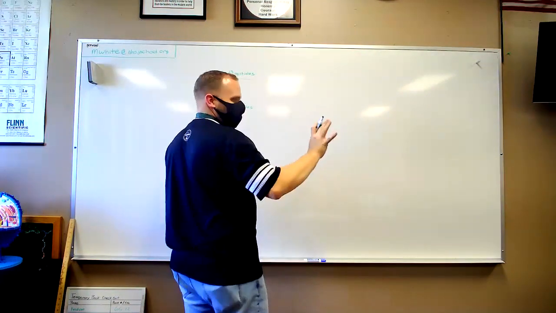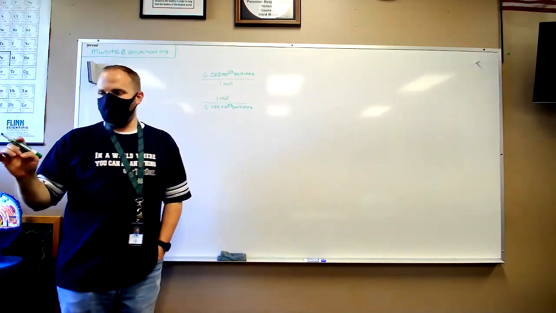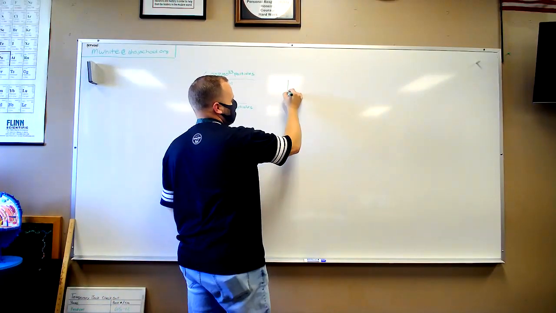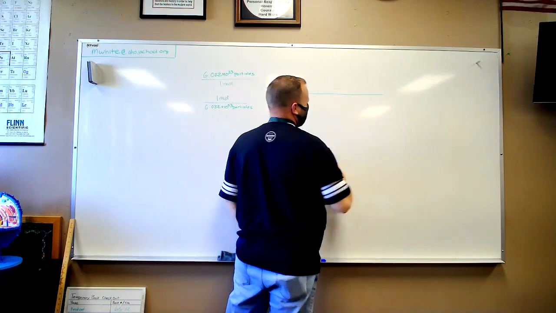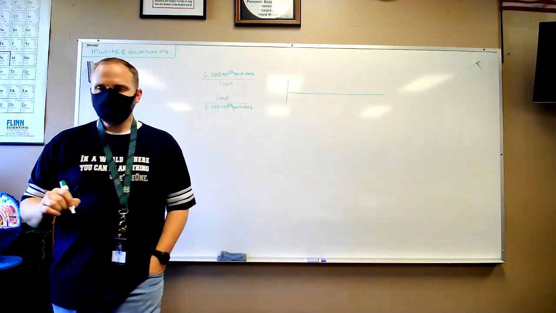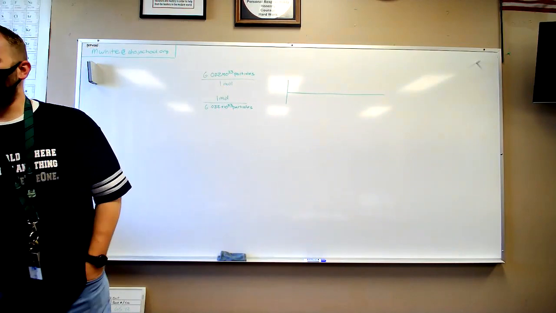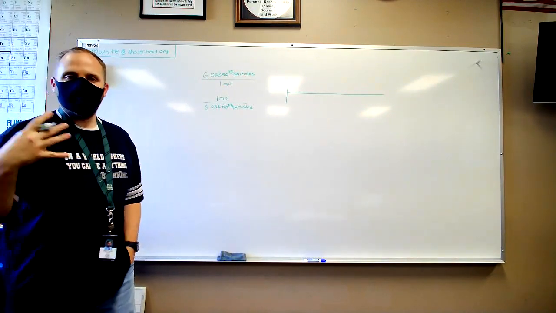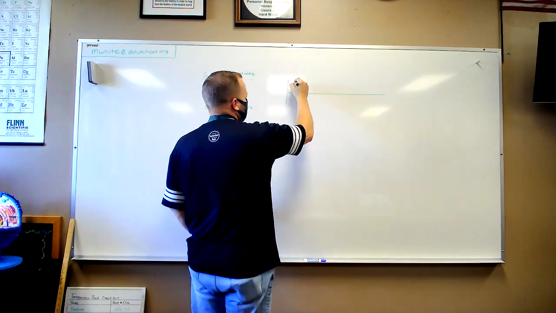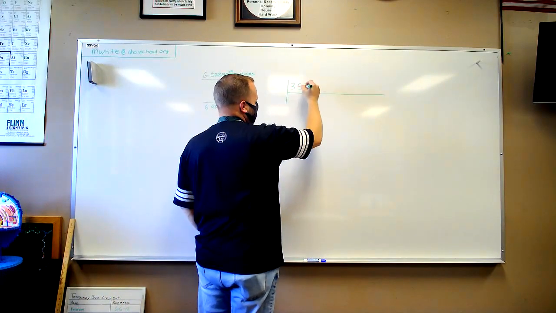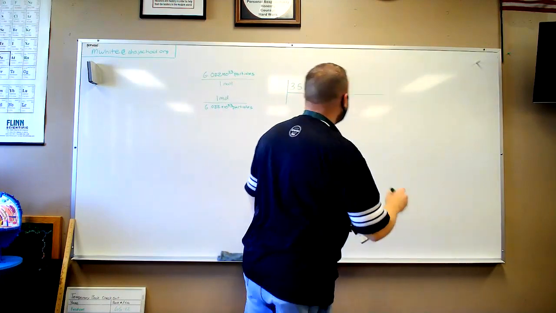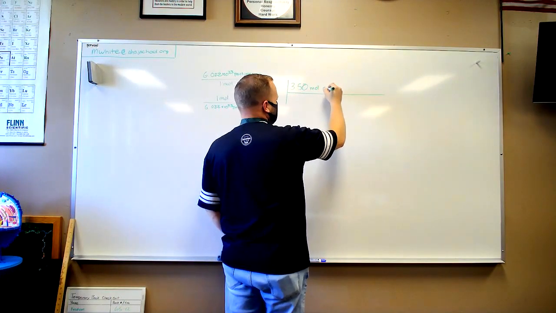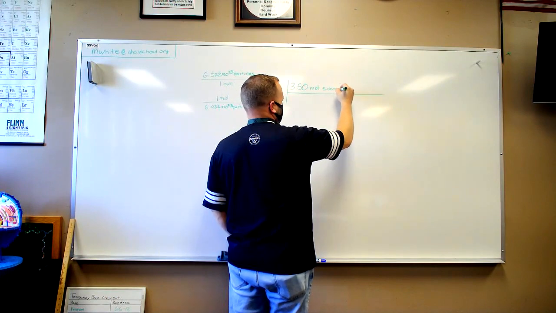Whenever I have to do dimensional analysis, this is how I set it up. You get a line like this. And I just start with what I know, what the problem has given me. In this case, 3.50 moles of sucrose.